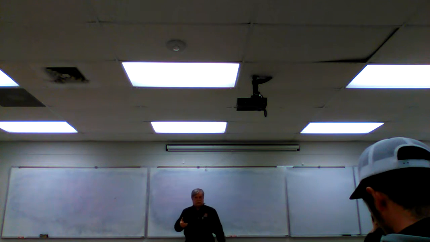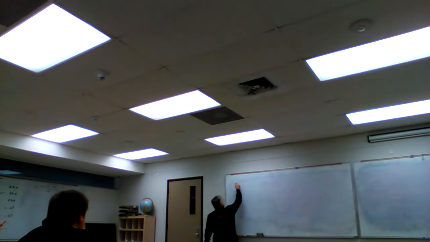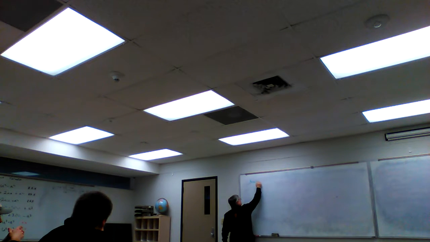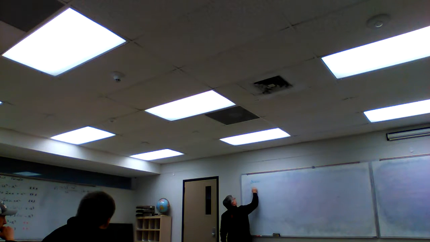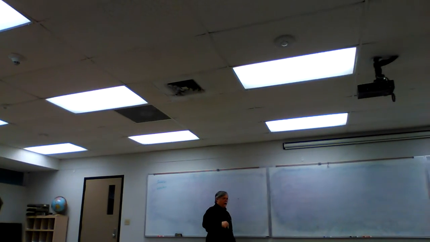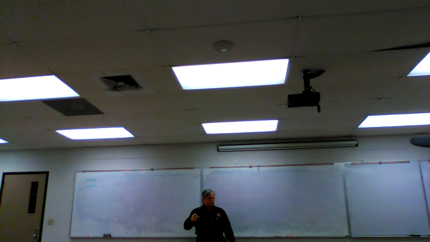So the first thing I want you to think about is the word we keep using. We call it scalar as opposed to vector. Ask yourself, why do we call it that? Where did the word scalar come from? What does it mean?